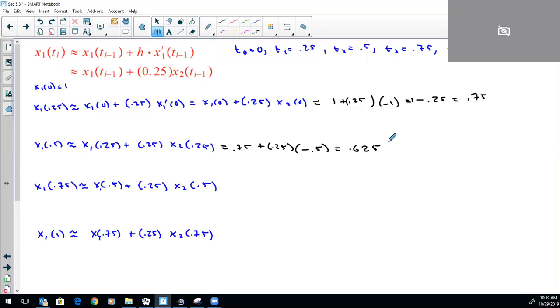So I've pushed the estimate out halfway, and I've got a 0.625. And here's where things get really messy, and I'll have to get the calculator and make sure I record all of these values accurately.